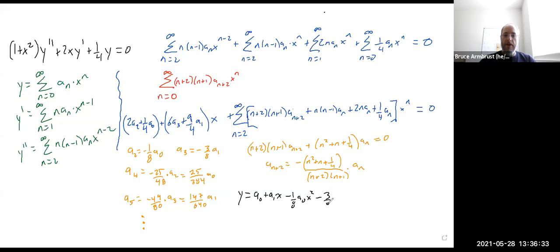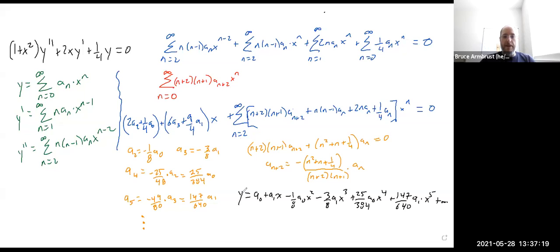Then we get minus 3/8 A1 X cubed plus 25/384 A0 X to the 4th plus 147/640 A1 times X to the 5th plus dot dot dot. So there are the first 6 terms for this thing.